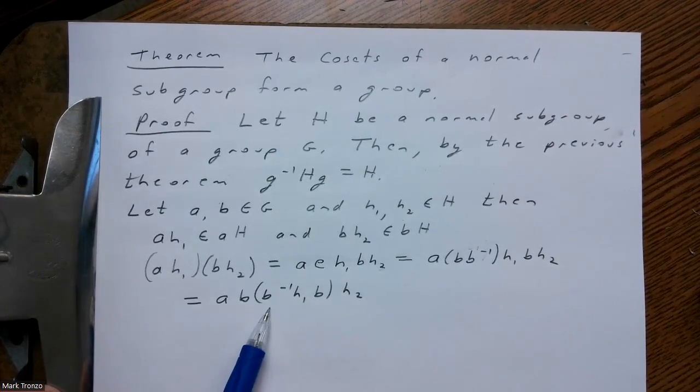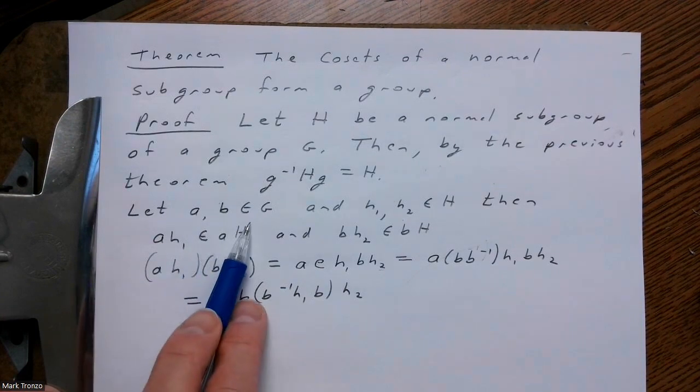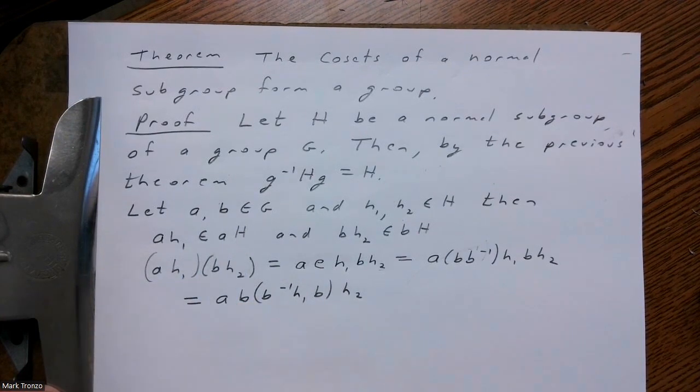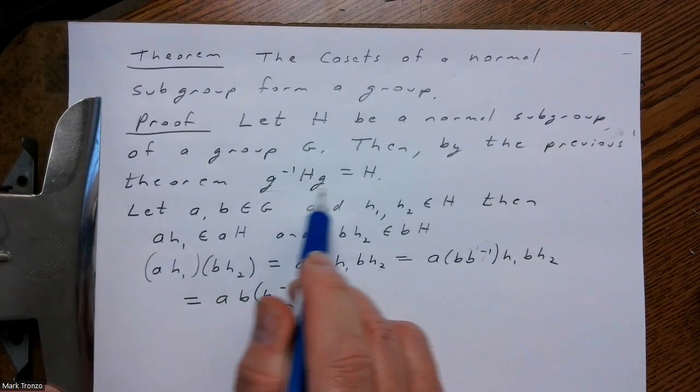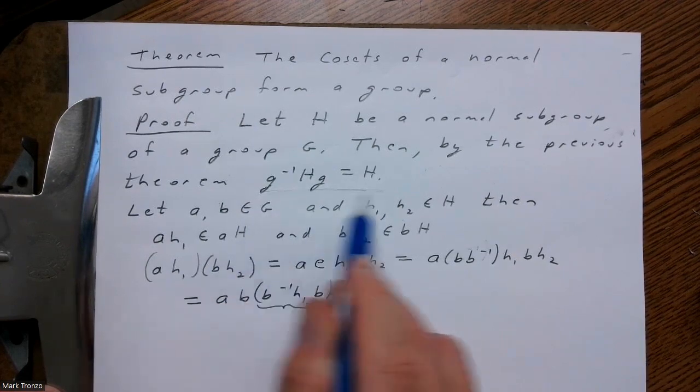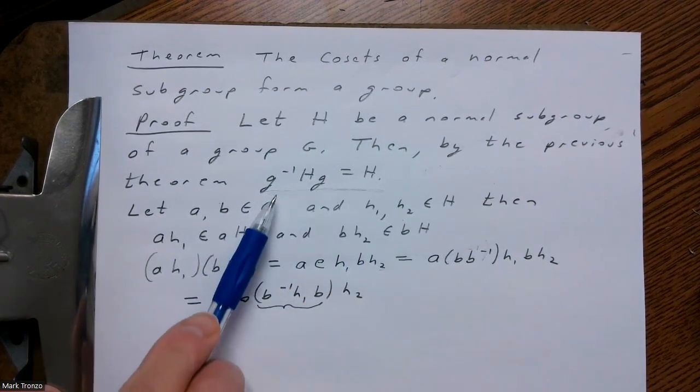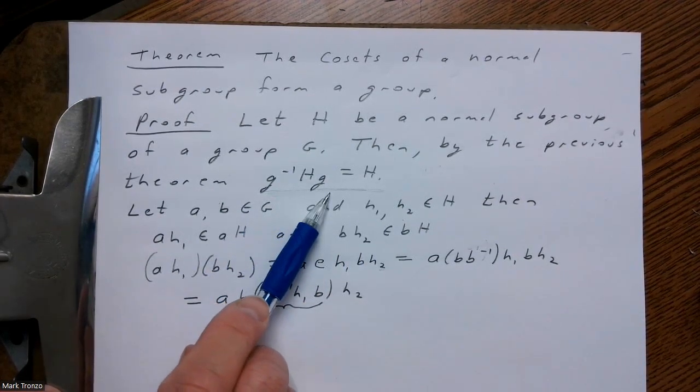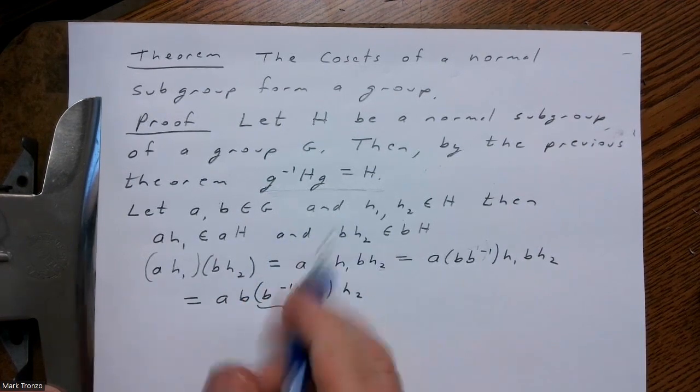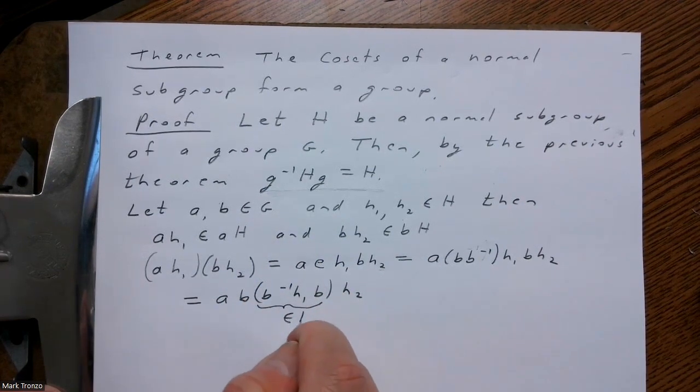And now, this right here, since A and B were from G, then we can say that this is in H. Because, remember, that was our assumption here. We're using that property, that G inverse HG is equal to H. So then this has to be in H.